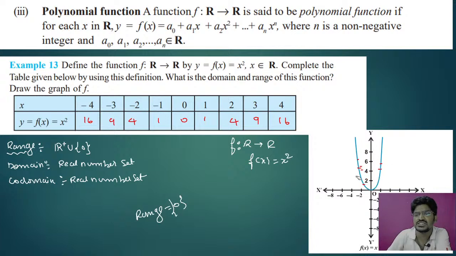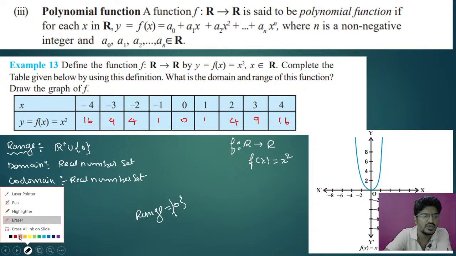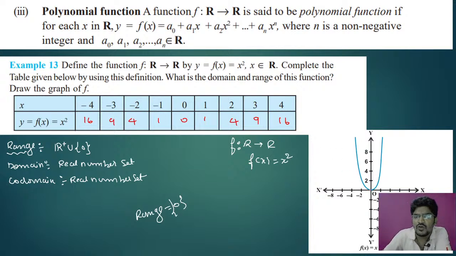In the graph you can see from 0 to infinity on the positive y-axis. For 0 there is a line, for this point there is an image, and for this point also. For every point there is a corresponding image. It goes towards positive infinity.